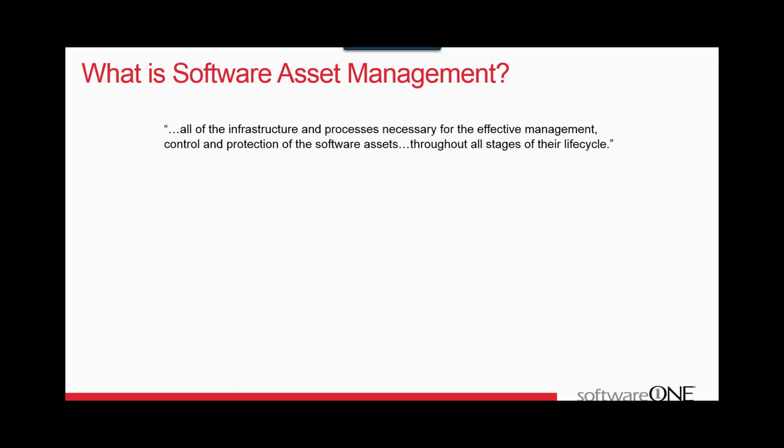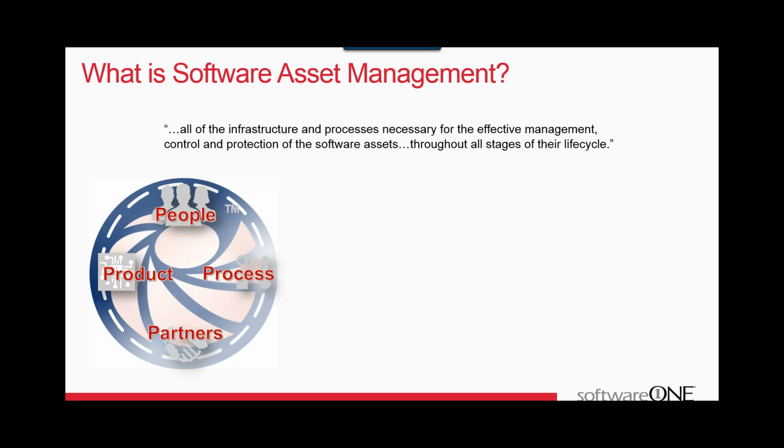Okay, so within this, we'll be looking at the ITIL framework with the 4 Ps that are people, product, process, and partners. Within that, the people, very simply, is the roles and responsibilities for software asset management throughout the business. That's from the likes of yourselves, who are likely hands-on in the software asset management world, through to the end users, who I think have a very strong role in software asset management within the business, and really how we educate those people on the expectations we put upon them.